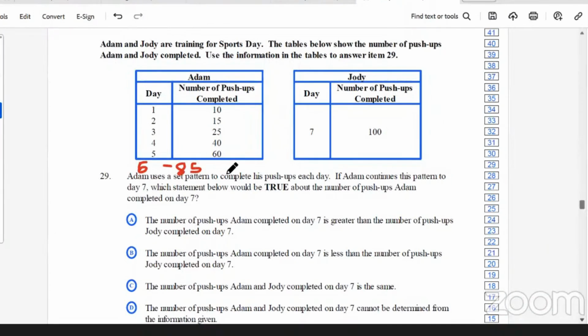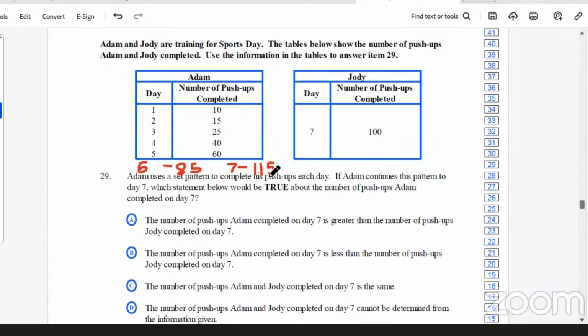And then if you continue the pattern on day 7, we're going to add 30 to 85, and that gives us 115. So on day 7, you would have completed 115.